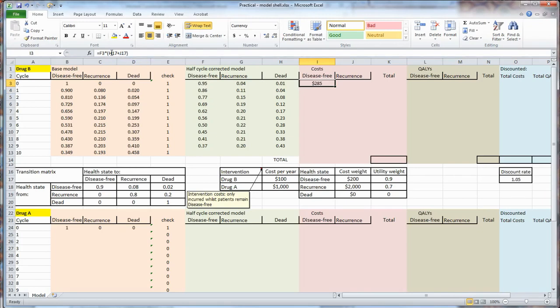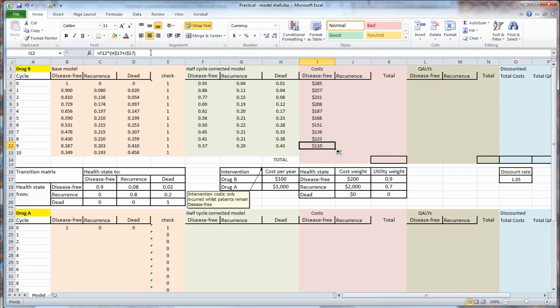Now we want to be able to copy this formula down, so we want to make the H17 and J17 absolute references, but we just need to make the row rather than the column the absolute reference. So that means we can copy that formula down to the end.